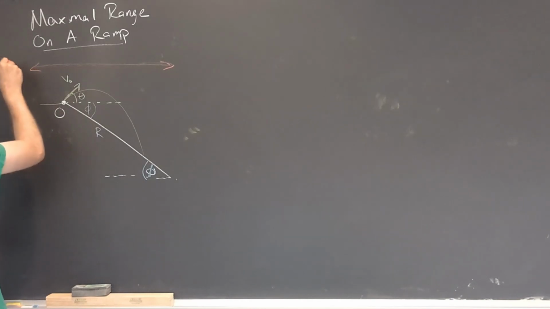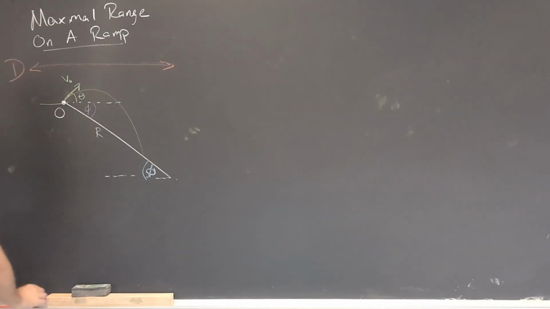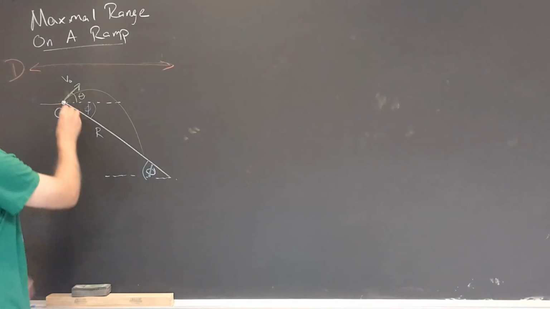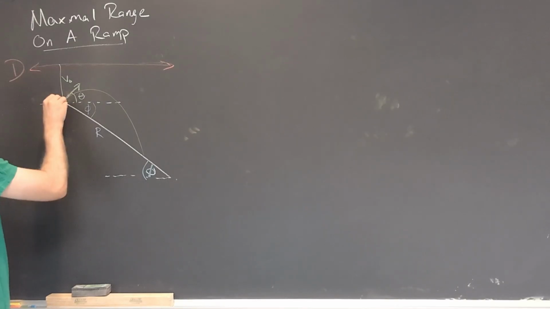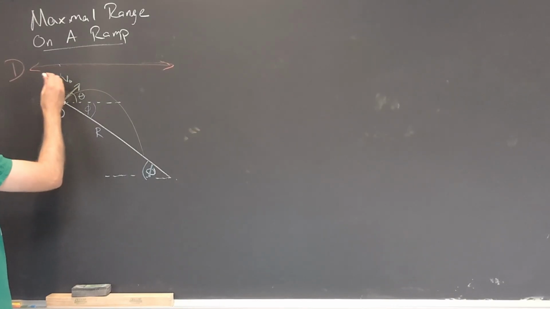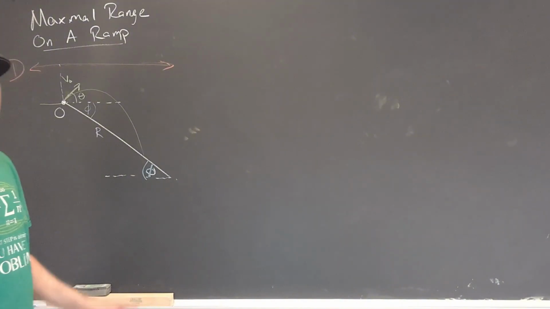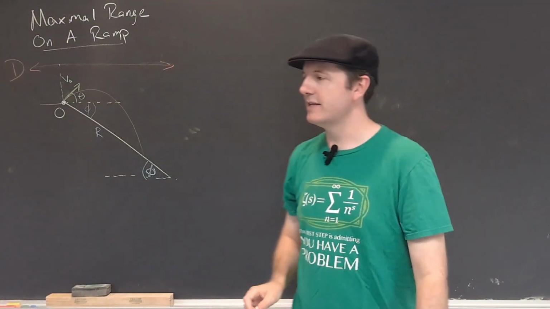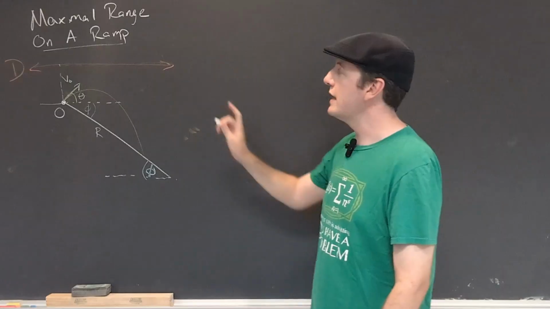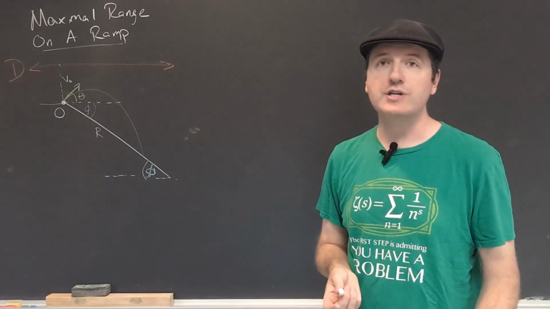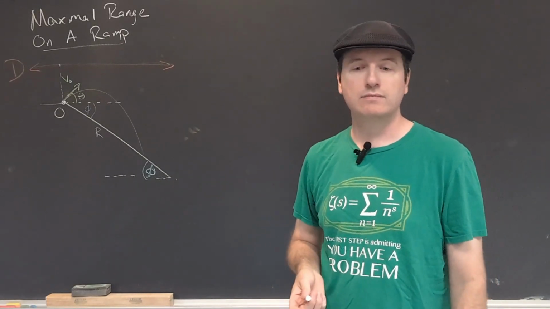So here's my directrix, D, and then the distance from the launch point up to this dotted line, we've previously identified that distance is related to the initial kinetic energy of the projectile.